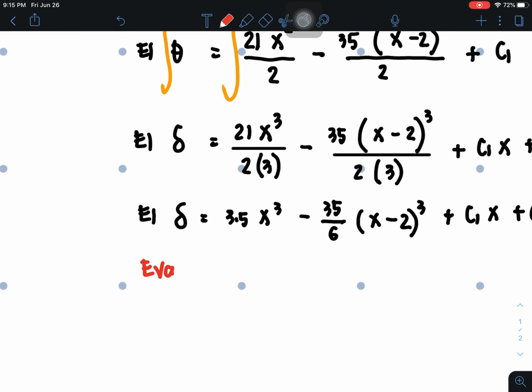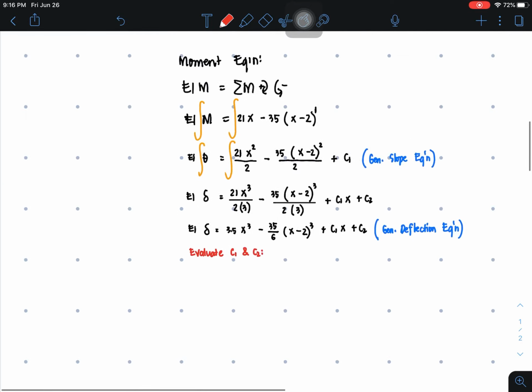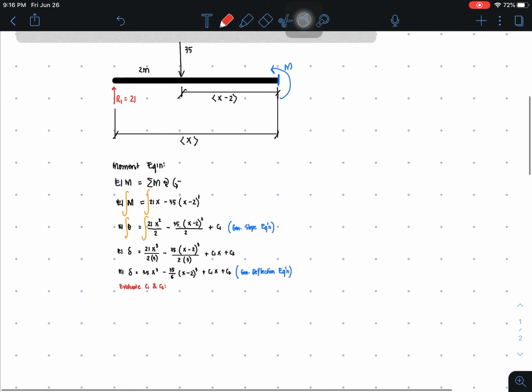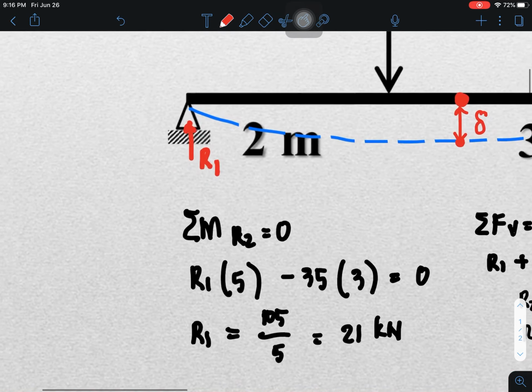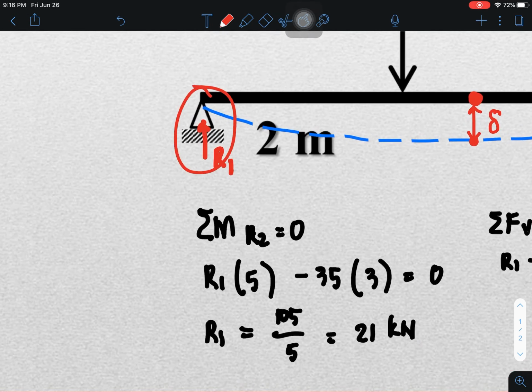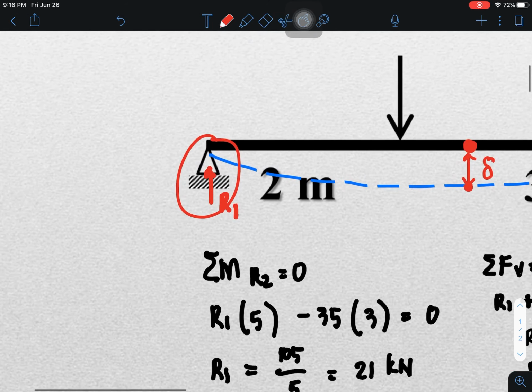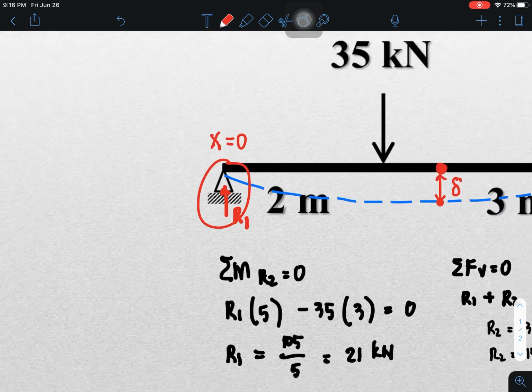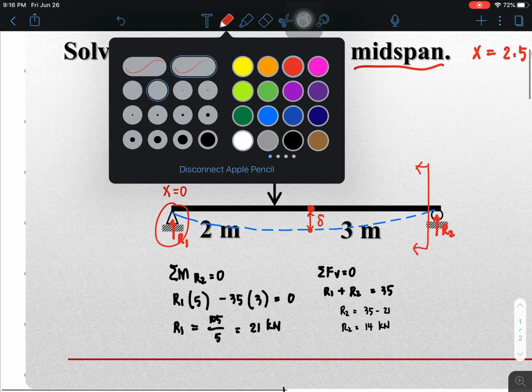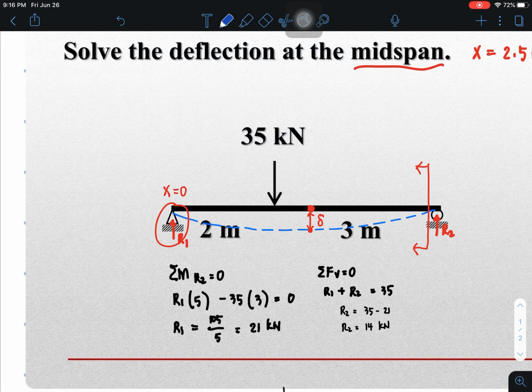So let us evaluate C1 and C2. How? Look at the supports. The supports are here. So the hinge is at x equal to 0. Why x equal to 0? Remember that we established this boundary line as a function of x going to the right side.